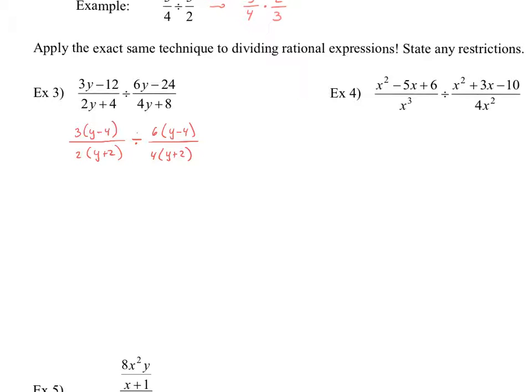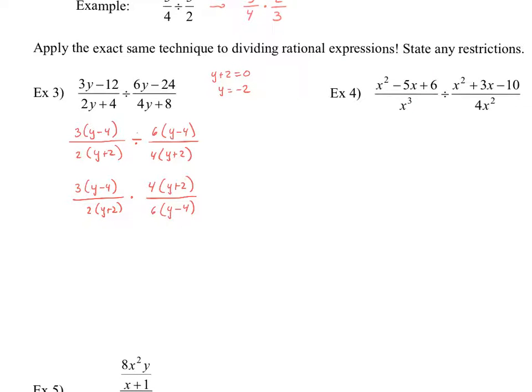So at this point, we're going to take any factors in the denominator that contain the variable and set them equal to 0. So y plus 2 equals 0, and y equals negative 2, we can see as a restriction. Okay, so now I'm ready to flip my right-hand fraction and make this a multiplication problem. So I have 3 times y minus 4 over 2 times y plus 2, multiplied by 4 times y plus 2 over 6 times y minus 4.